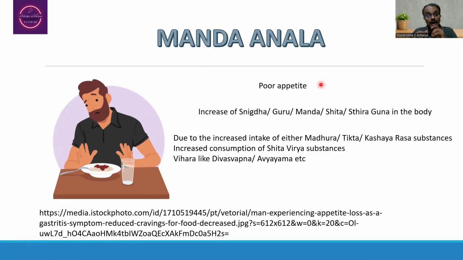Whereas Madhura, Amla and Lavana, wherein we may suspect the increase of the Kapha dosha, there may be a possibility of a Pitta Kshaya may be observed there. And increased consumption of Shita Virya substances, naturally, which is having the opposite quality related to Ushna Virya, wherein there will be the possibility of the decreased functioning of Pitta dosha that may take place.